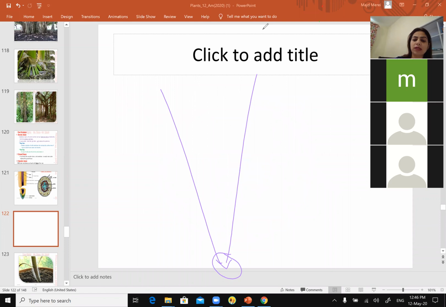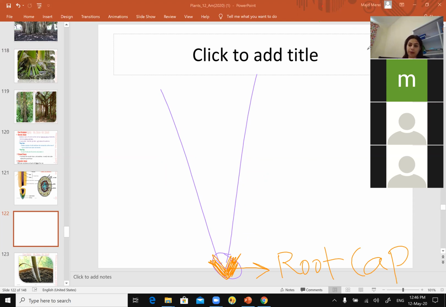It is surrounded with what? This orange here represents what? The root tip. What is covering the tip of the root?